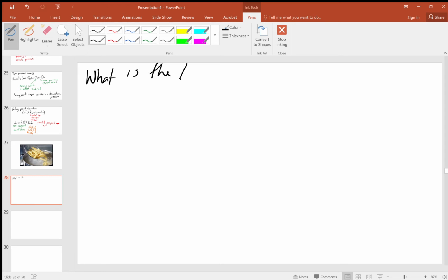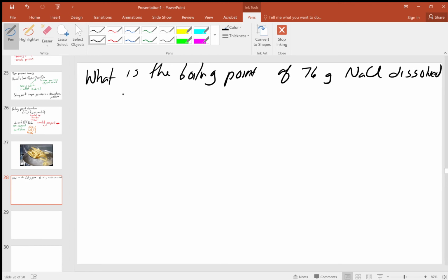What is the boiling point of 76 grams of salt dissolved in 3 liters of water? Just to get an idea of what kinds of quantities these are, 76 grams of salt is approximately 4 tablespoons.